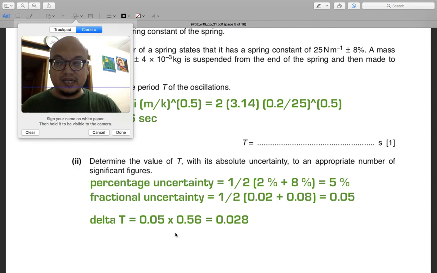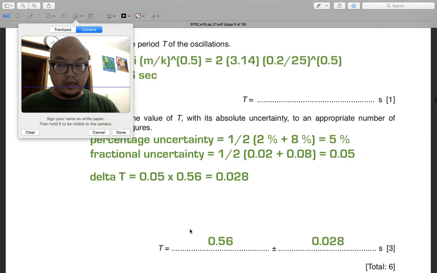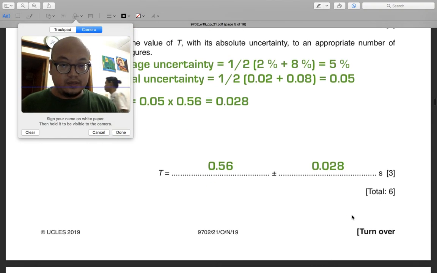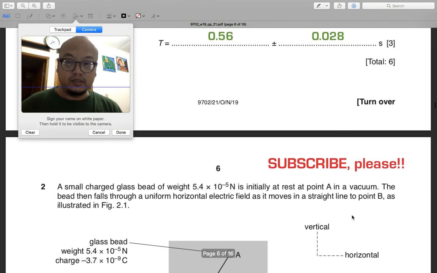Then delta T equals 0.05 times T, which equals 0.028. And we can say T equals 0.56 plus or minus 0.028. Okay, continue to the other numbers.